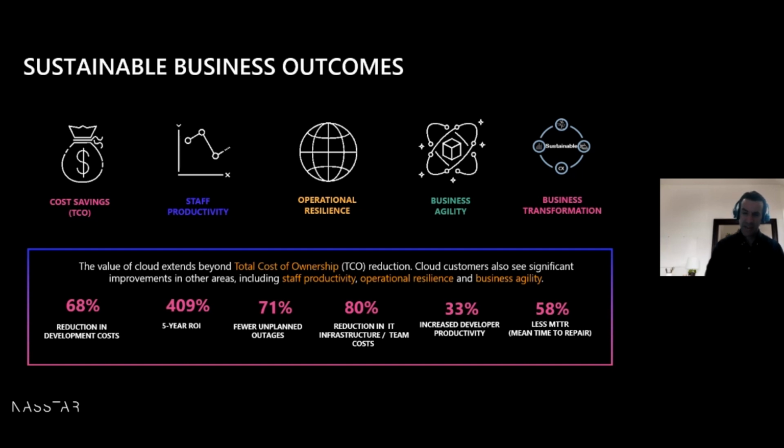Operational resilience, having less failure points, having always on highly resilient auto-scaling solutions means that your business can spend less time looking backwards to say what went wrong yesterday and how do we stop it from happening again, and actually spend more time looking forward in terms of what can we do to evolve, how can we get a competitive edge, how can we serve our customers or citizens in a better way.